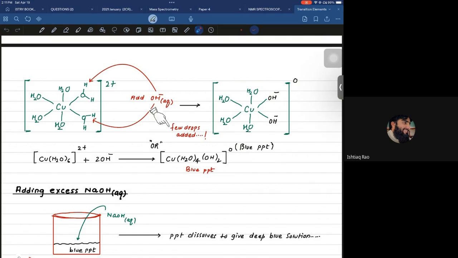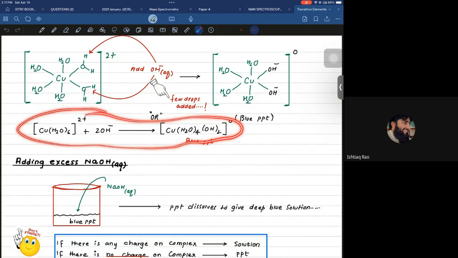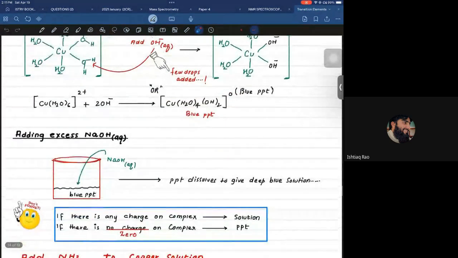Then the color would depend upon the metal. So this is a blue PPT because this is copper. Shorthand representation, you can represent it just like that. So this is the product when you have added a few drops of sodium hydroxide.